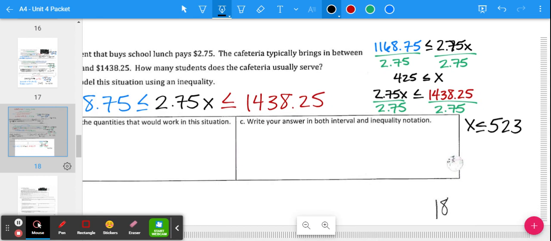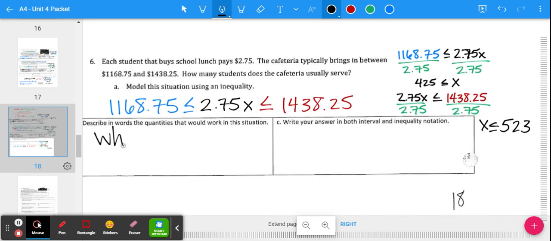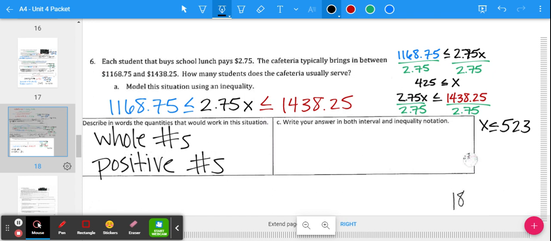So the type of numbers that make sense in this situation are whole numbers, because we're talking about how many students. It's also positive numbers, positive and whole numbers. So our interval is that smallest amount.